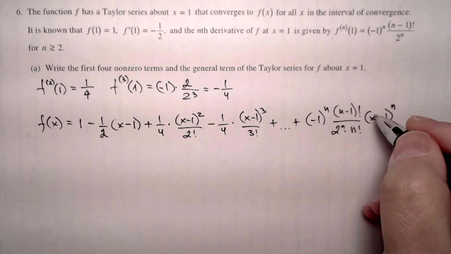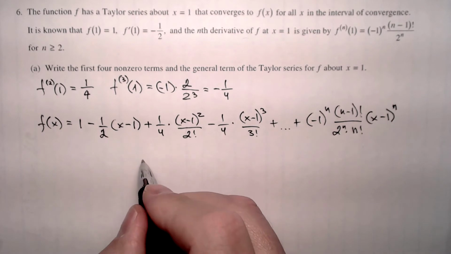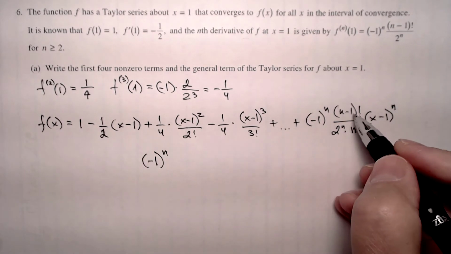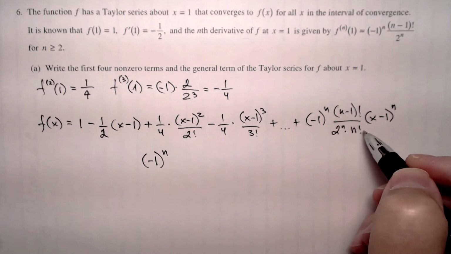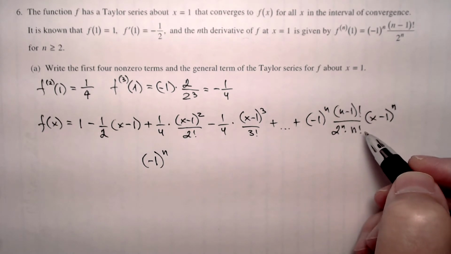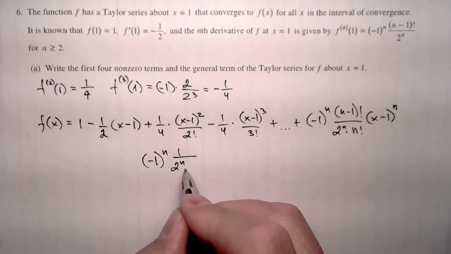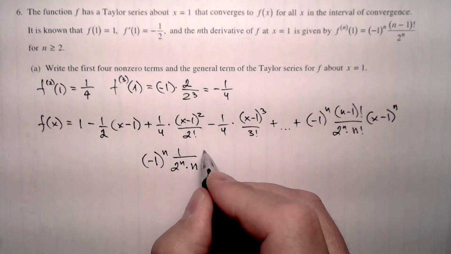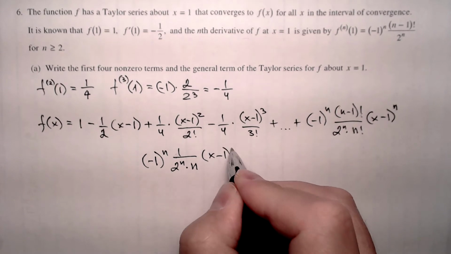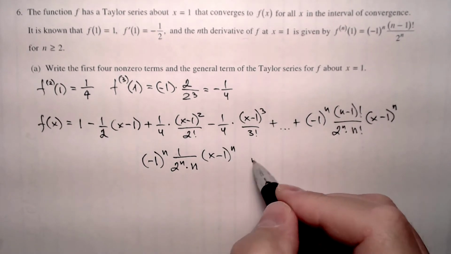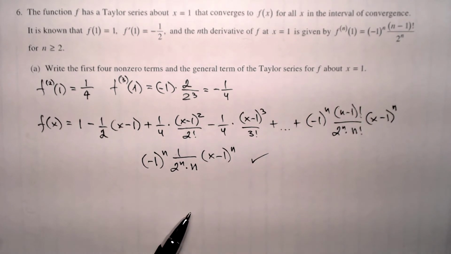So the general term, let's simplify it, will be negative 1 to the power n, and n minus 1 factorial cancels with all the elements of n factorial other than n, so it's going to be 1 over 2 to the power n times n, x minus 1 to the power n. So this is our general term. This is our final answer for this part of the question.